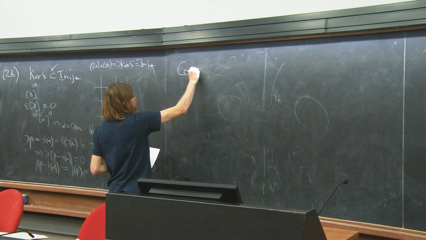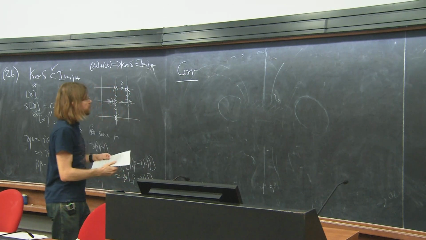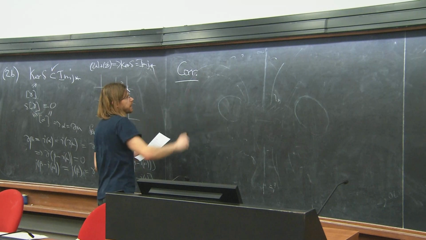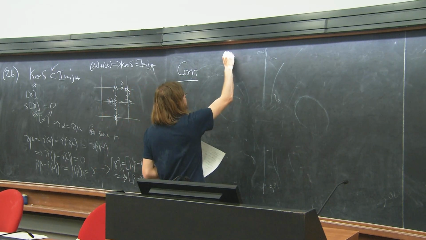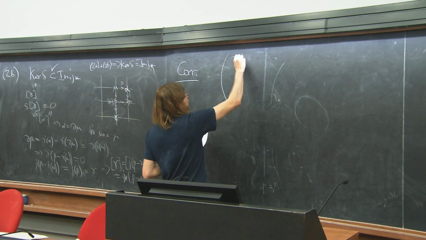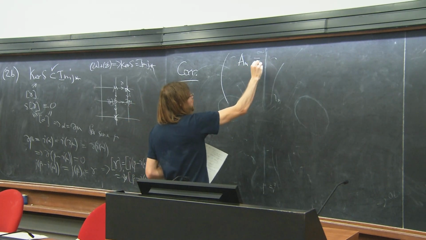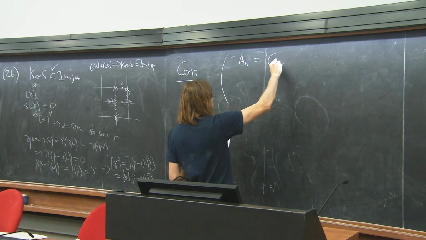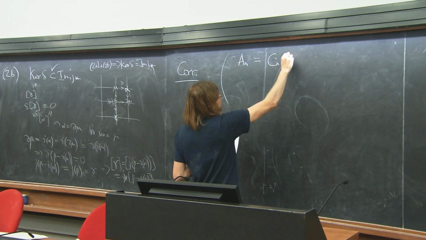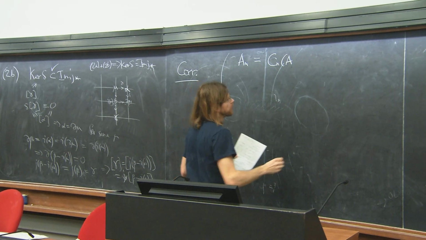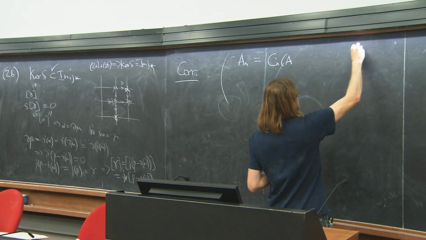Namely, we can formulate this as the following corollary of the theorem, which immediately follows by taking this general statement with the groups A_n being, again, I'm a bit abusing this notation A.